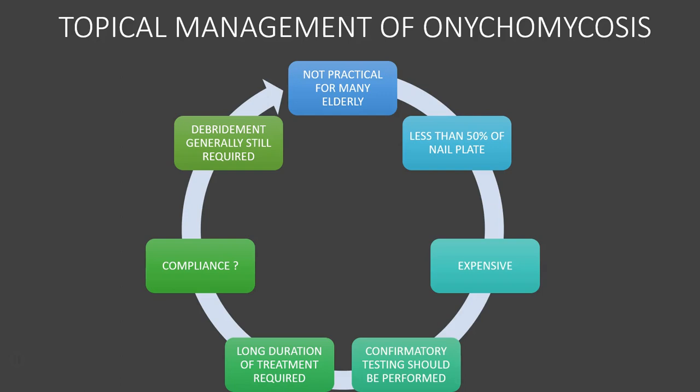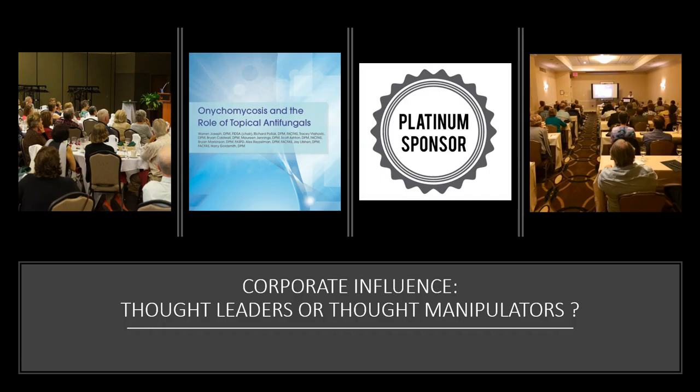The patients need to understand that a long duration of treatment and many months of cooperation on their part is going to be required, so that compliance is an issue. And for many patients, particularly those with marked hypertrophy and dystrophy, debridement is still going to be required.